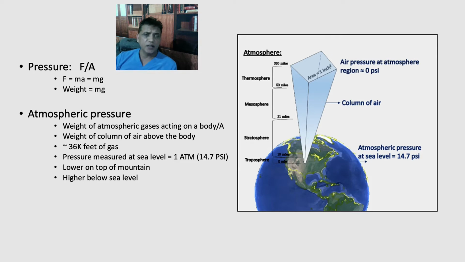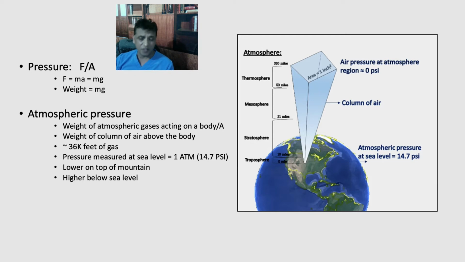Imagine you're standing at sea level, right? Sea level is the reference point for atmospheric pressure. And from the top of your head all the way to the top of the atmosphere, there extends a skyscraper made out of air. The foundation of the skyscraper is 1 square inch. So the cross-sectional area is 1 square inch.